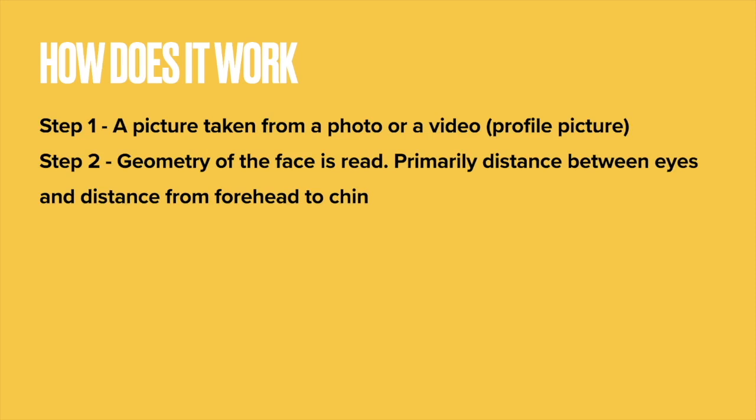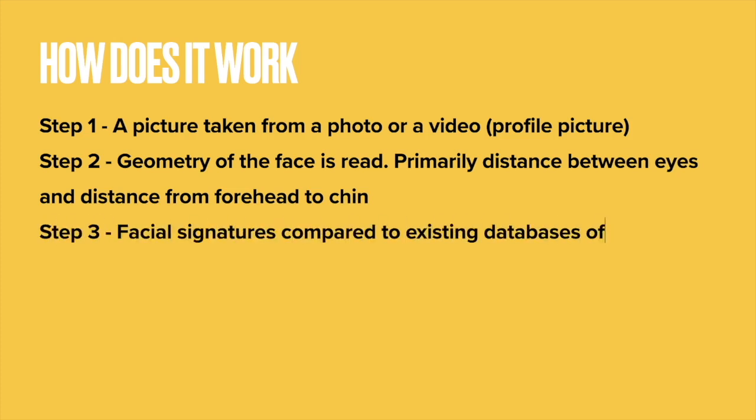The distance between our eyes and the distance between the forehead and the chin does not change a lot during our lifetimes. Obviously, there is certain development when we grow from childhood to adulthood, but after that, these distances remain more or less the same, and that is why facial recognition uses them as a measure of our faces.